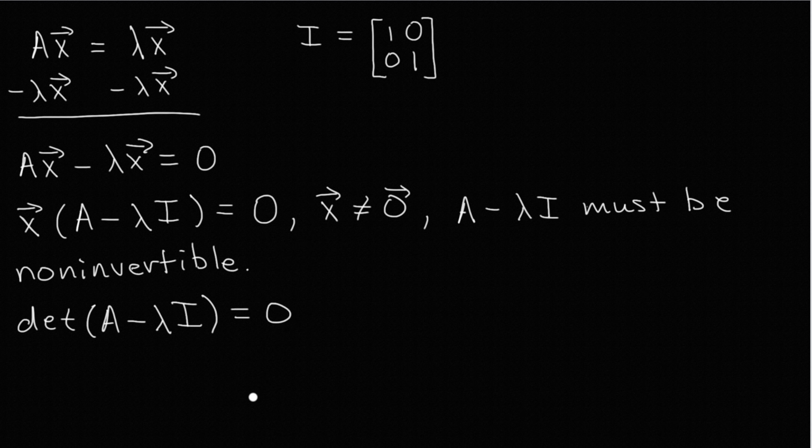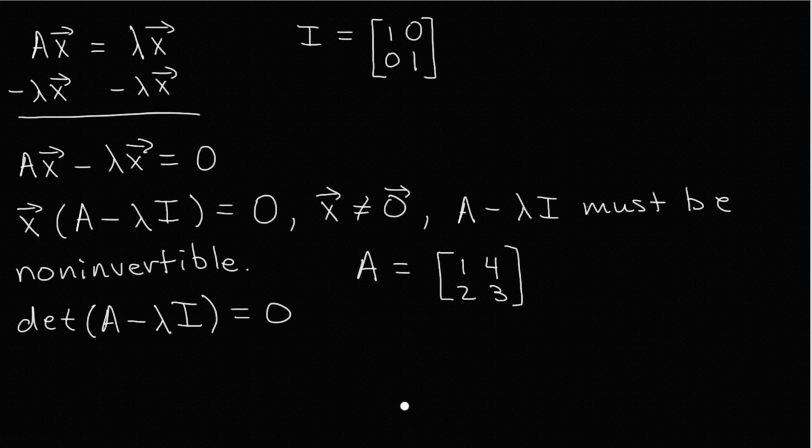So this is going to help us figure out what the eigenvalues of a matrix are by using the determinant to find that out. So let's go with the example from last time. Let's say that matrix A is equal to 1, 4, 2, 3. Right? This is our square matrix.